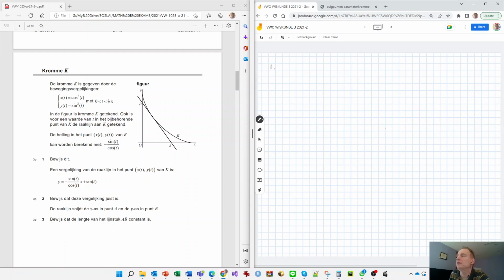But what we can do, and I assume that is basic material for VWO 6, we can see that basically dy/dx is basically dy/dt divided by dx/dt.